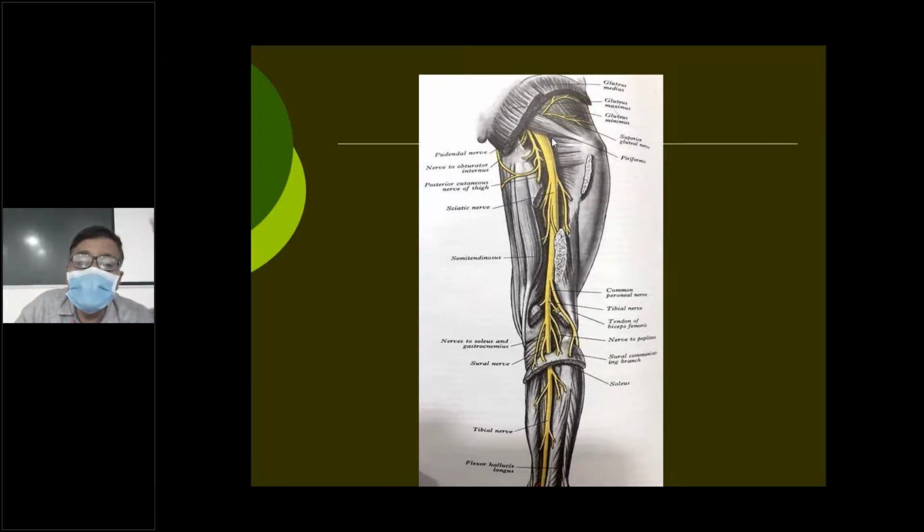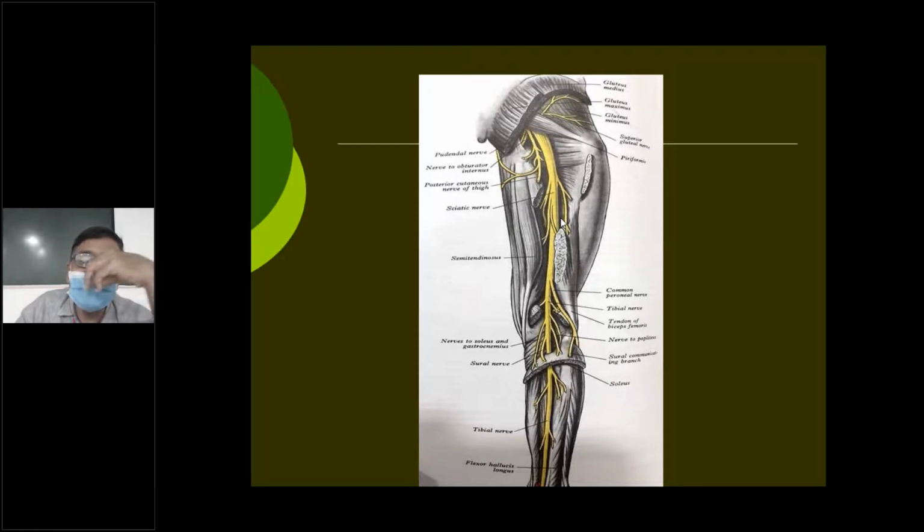I repeat, the sciatic is the thickest nerve in the body, which has tibial and common peroneal components. It comes out of the greater sciatic foramen below the piriformis, crosses the muscles, and has no branches in the gluteal region.